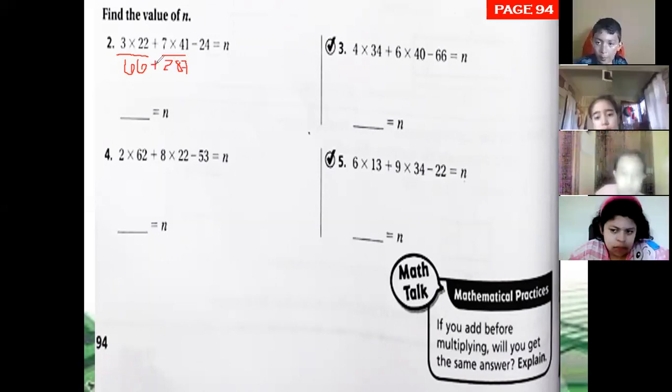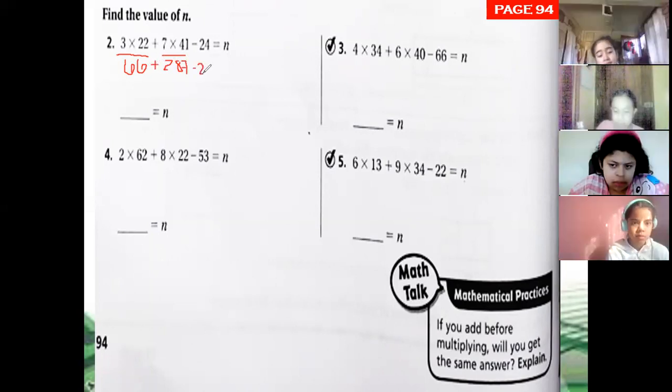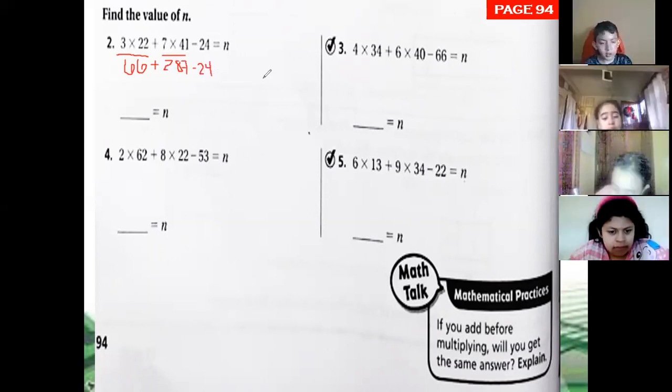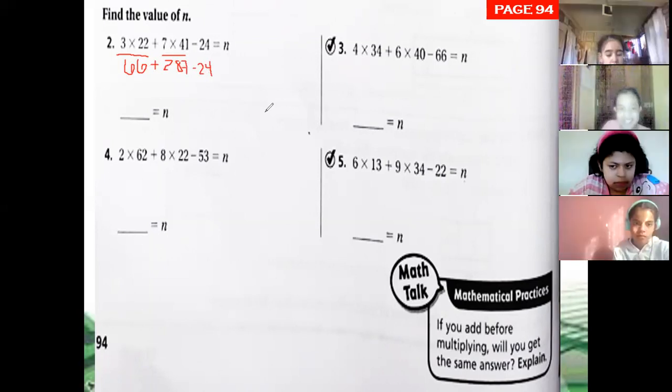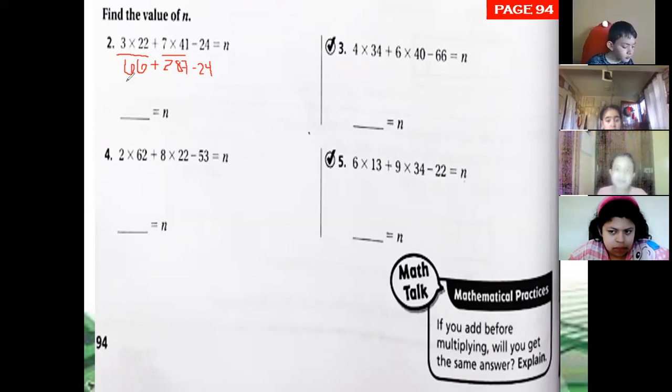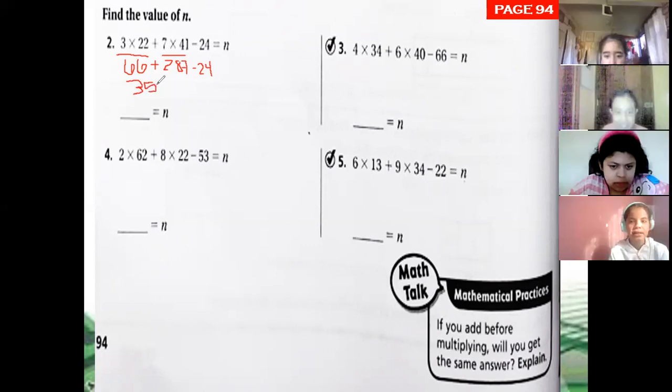Here is plus, minus 24 equals n, okay? Now, let's do the addition. 287 plus 66 is 353, minus 24. Now, 353 minus 24 is 329.